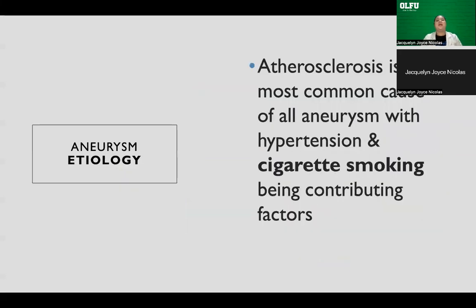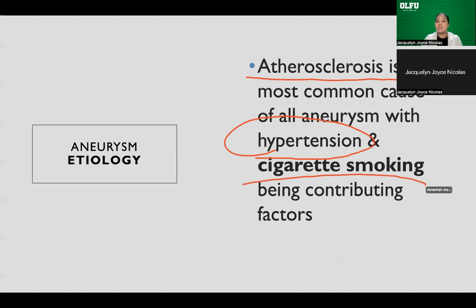Now, what's the usual cause of aneurysm? The most common cause of aneurysm is atherosclerosis. Okay? And of course, most especially among clients with hypertension and those who smoke cigarettes. This is a huge contributing factor in the development of aneurysm.